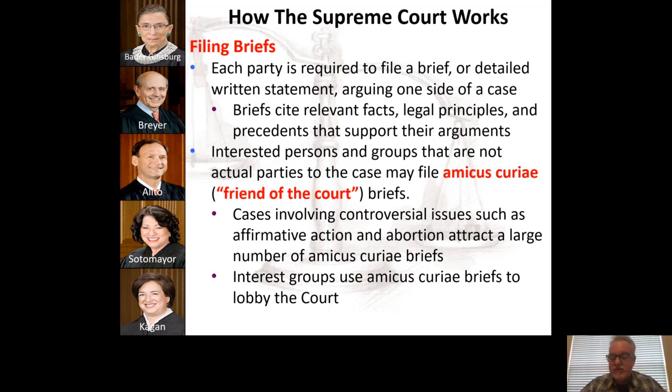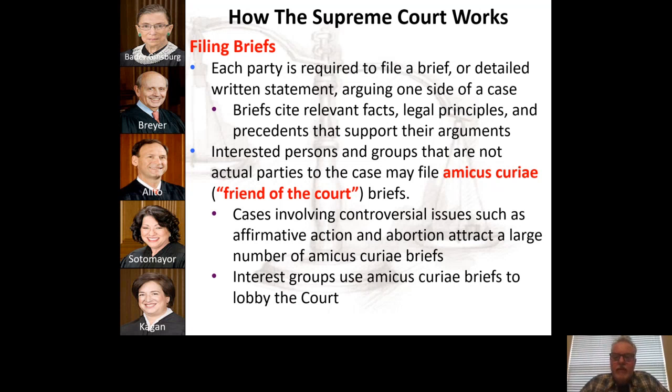But in civil cases, both sides can actually be the petitioner or respondent. Both sides have the opportunity to petition. It could be that the winner of the case doesn't think that the award was big enough, so they could petition to have the appeals court look at the case, or petition the Supreme Court to look at the case.